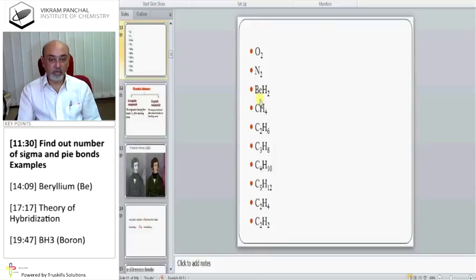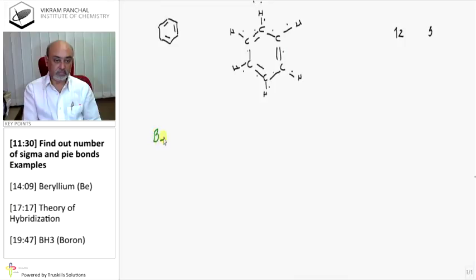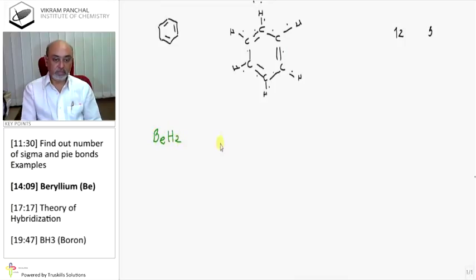Now we have to draw BeH2. Beryllium, atomic number 4, configuration 2s2, 2px, 2py, 2pz.